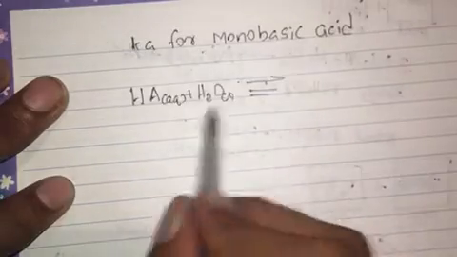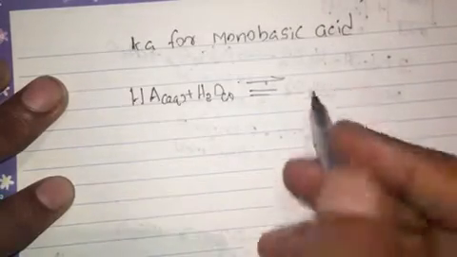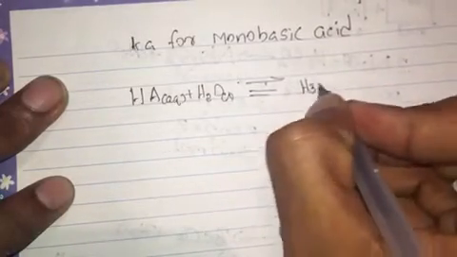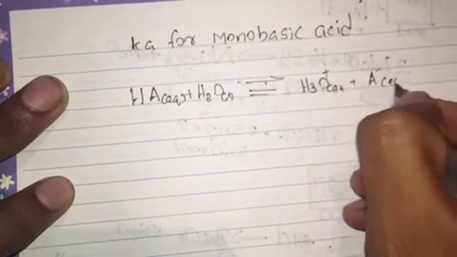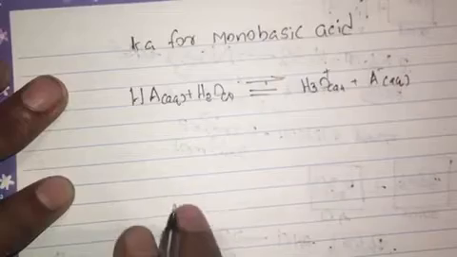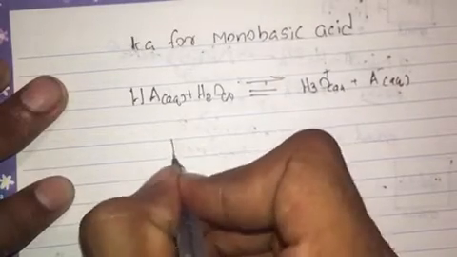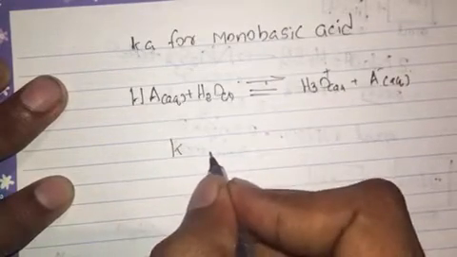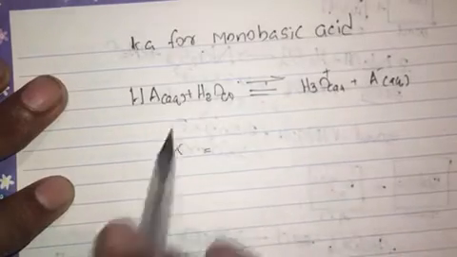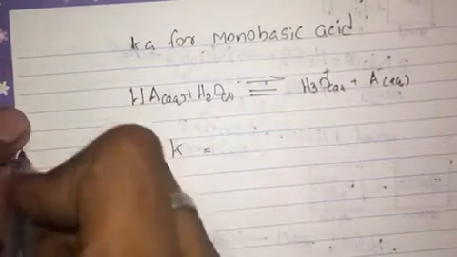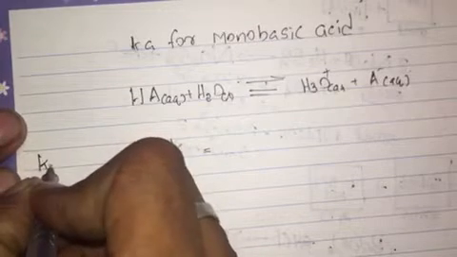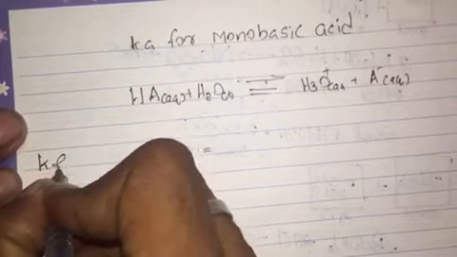This acid dissociates partially, forming H3O plus and A minus. We can write the equilibrium constant K. K means equilibrium constant.